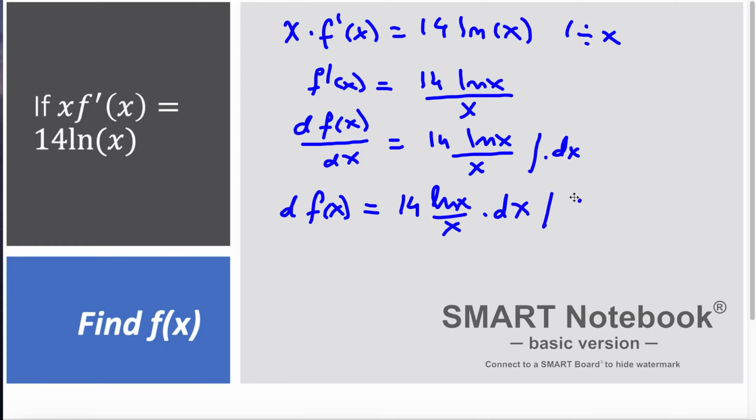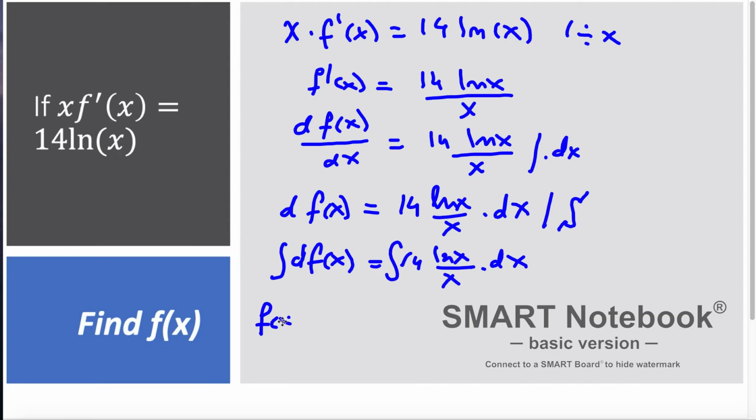If we integrate the whole equation, or if we take the antiderivative of this whole equation, we get the following: the integral of d of f of x is equal to the integral of 14 ln x divided by x times dx. And the integral of d of f of x is just f of x.